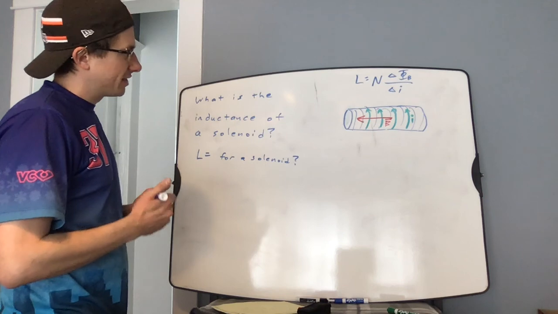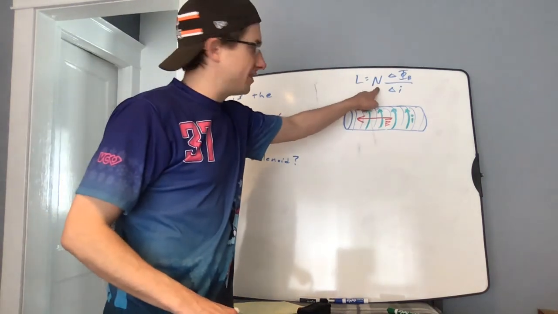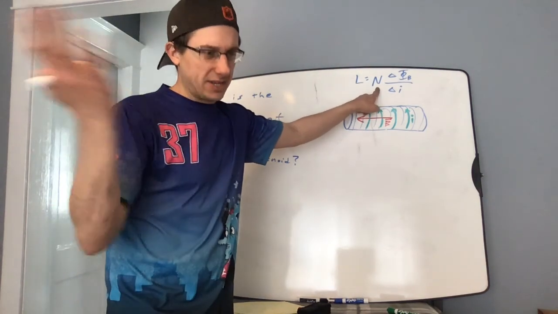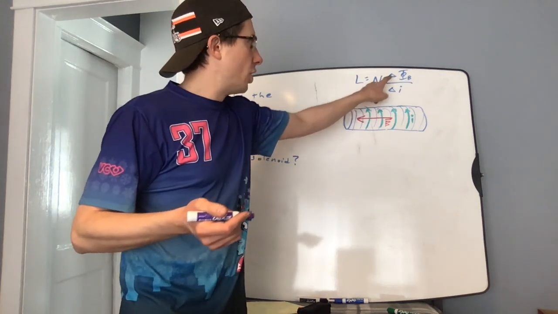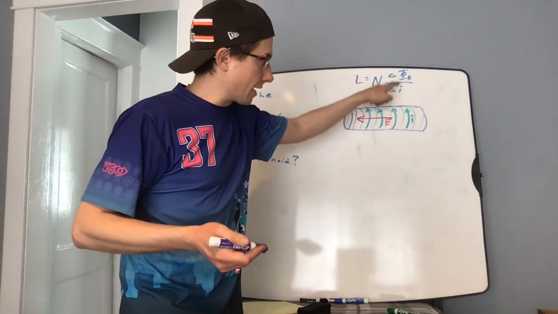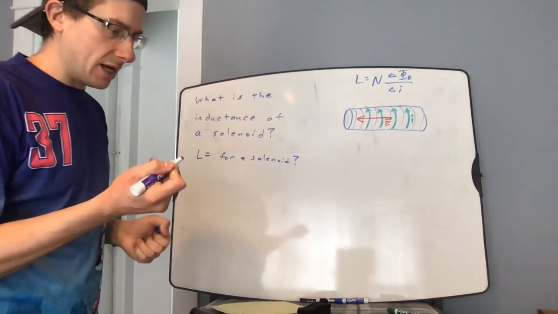What I'm going to do is, N is the number of loops in my solenoid, the number of loops of wire. We have a rate of change in magnetic flux. We have a change in current.